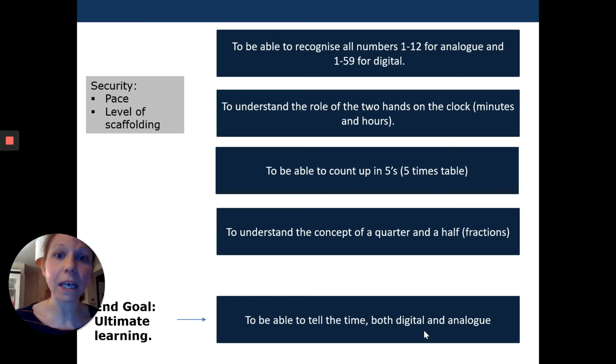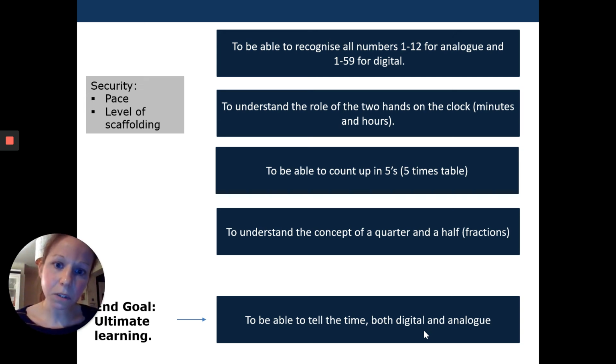So it's this schema again. What's the connection between the big hand being on the 6, this concept of a half, and then 6 being half of 12? Like, how do all of these things connect? And then how does the 30 minutes connect to the fact that there's 60 minutes in an hour, so it's half an hour? There's so much.